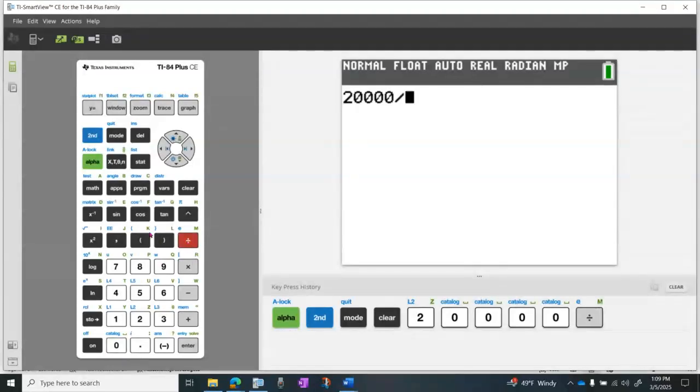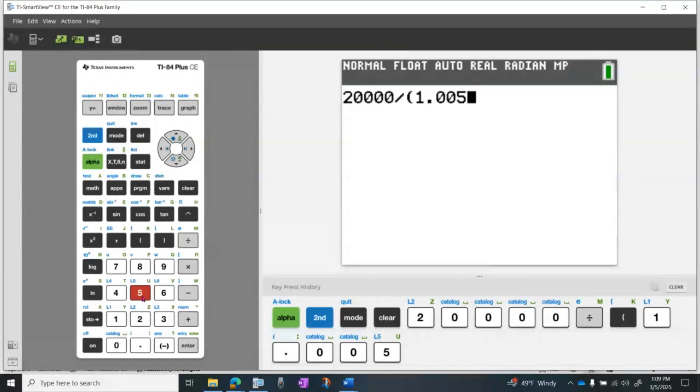Divide that by, I'm going to use a parenthesis to frame the whole denominator. The denominator is going to be an exponential expression. It's going to be the 60th power of the discounting factor. The discounting factor is 1.005. Remember that?